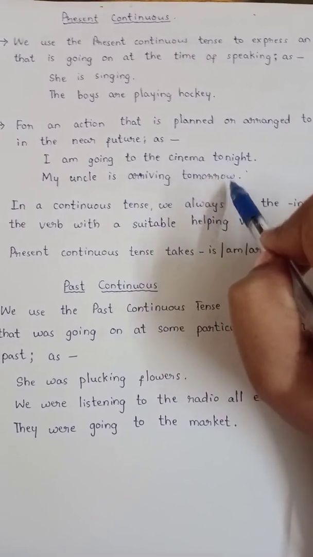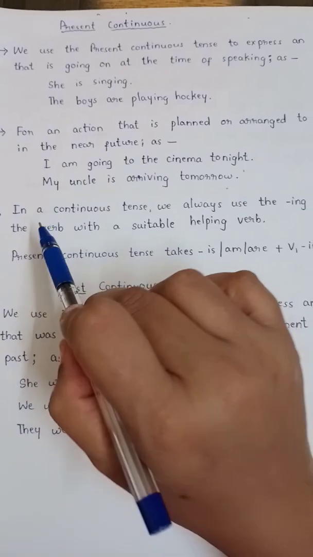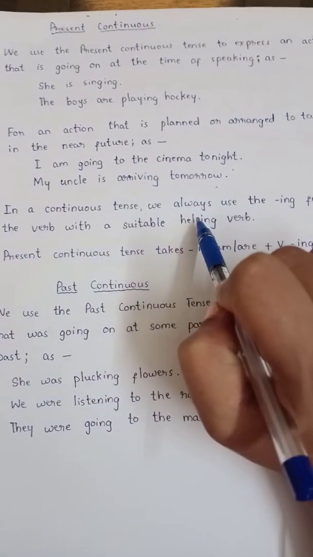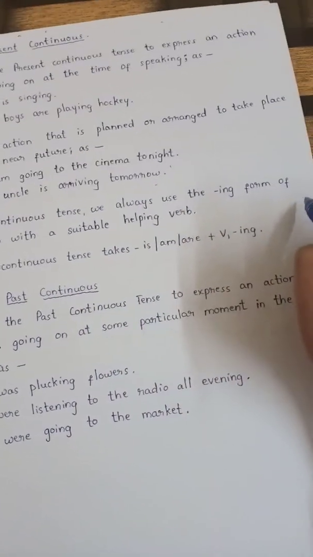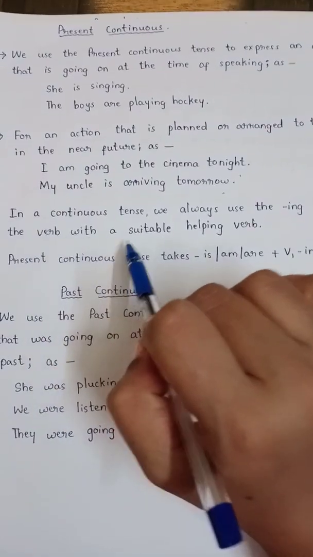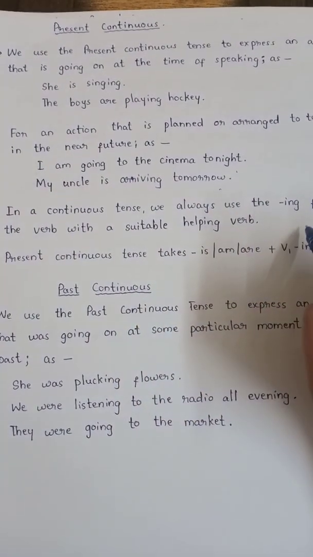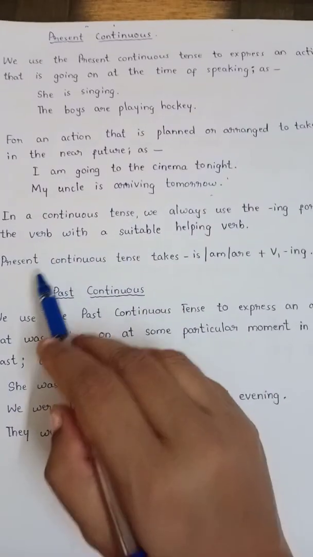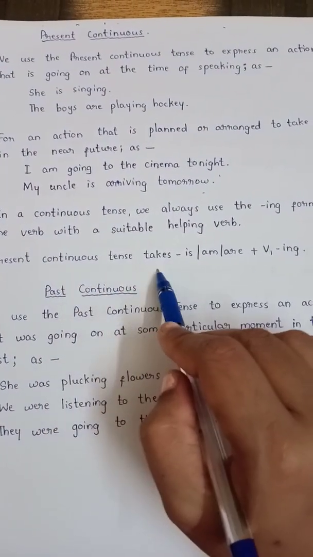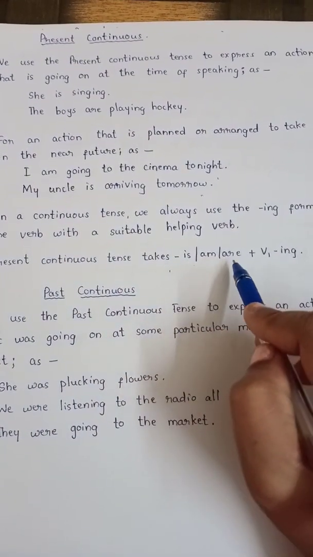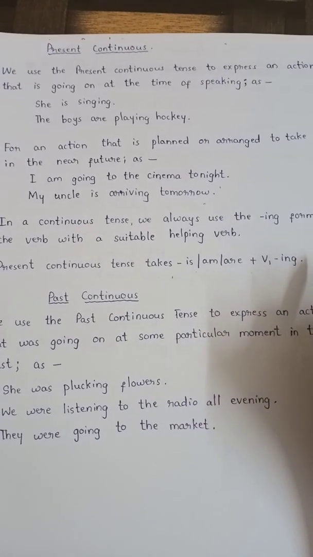Okay children, understood? So how will be the verb form? In a continuous tense, we always use the ing form of the verb with a suitable helping verb. Present continuous tense takes is, am, are plus V1 ing.